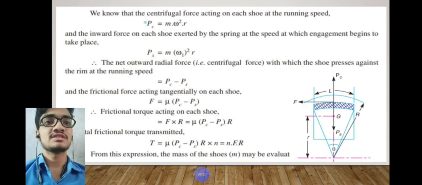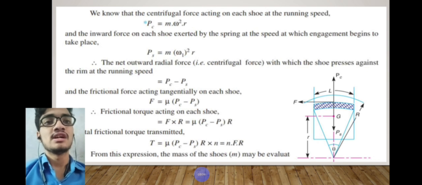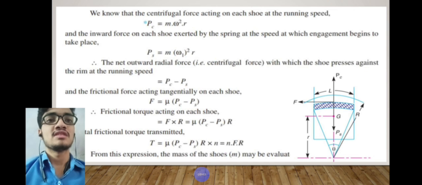Now the derivation: centrifugal force acting on the shoe is Pc equal to m into omega square r, and the inward force on the shoe exerted by the spring at the speed at which the engagement begins to take place is Ps, which is equal to m into omega 1 square into r. The net outward radial force is Pc minus Ps, the difference of these two forces. The frictional force F is equal to mu into Pc minus Ps.